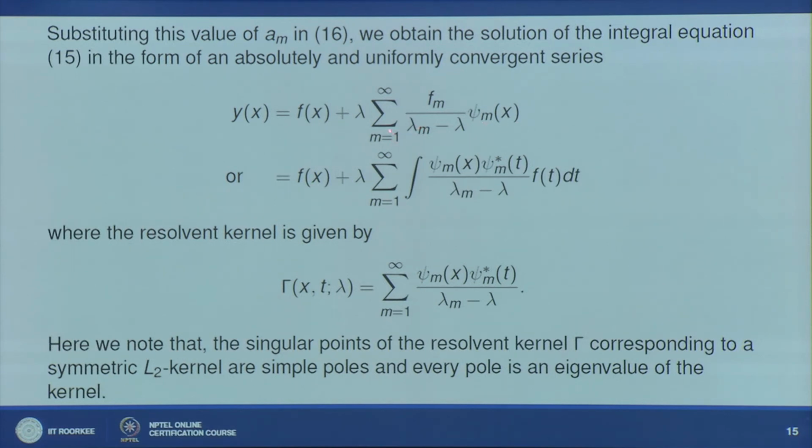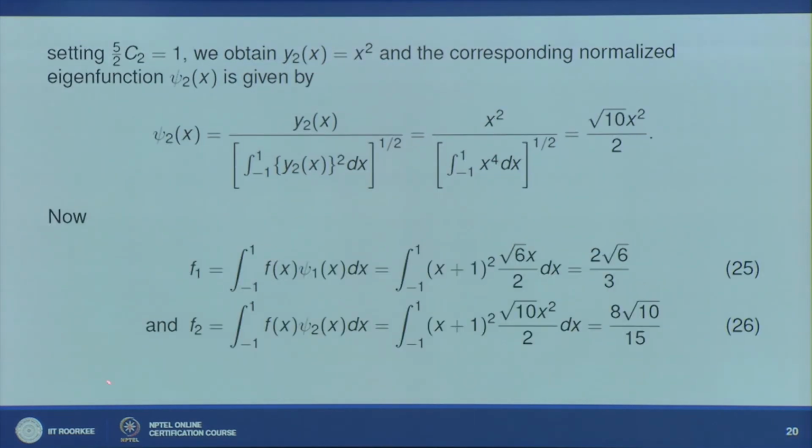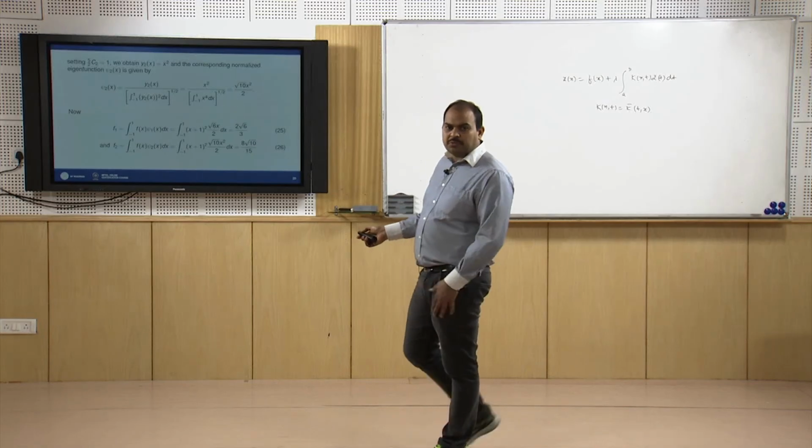Here m is from 1 to infinity, but in our particular example we have only 2 eigenvalues. So this infinite sum is reduced to a finite sum, that is m equal to 1 and 2. We already have lambda 1 and lambda 2, and psi 1 and psi 2. The only thing we have to calculate is f1 and f2, which are the Fourier coefficients corresponding to f.